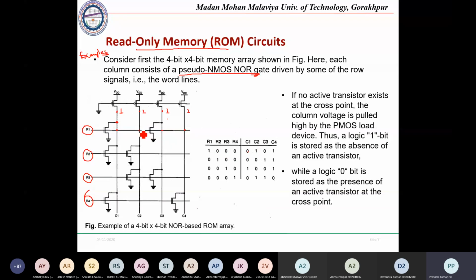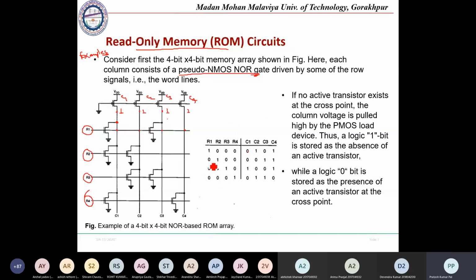Here it is not making this column 0, so C2 will be 1. This is C1, C2, C3, C4. Similarly, C3 is initially 1, but when this NMOS transistor is on because R1 is 1, C3 will be 0 and C4 will be 1.